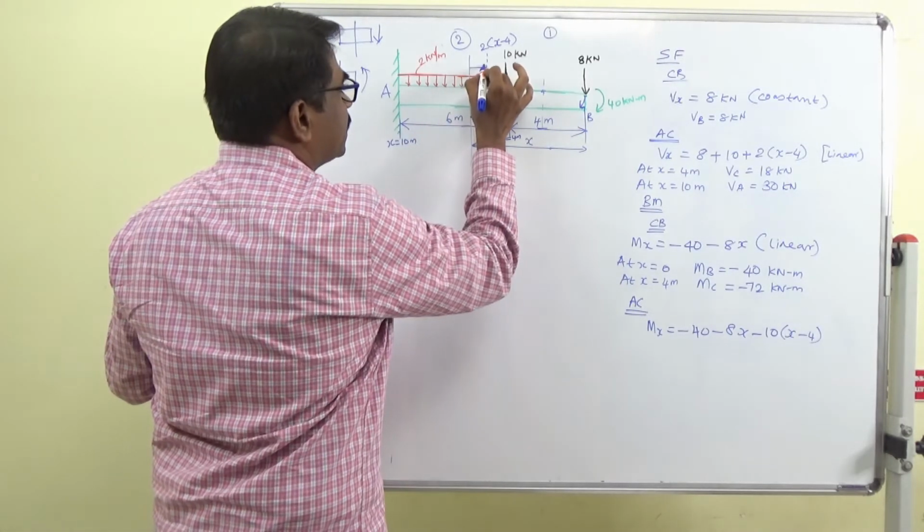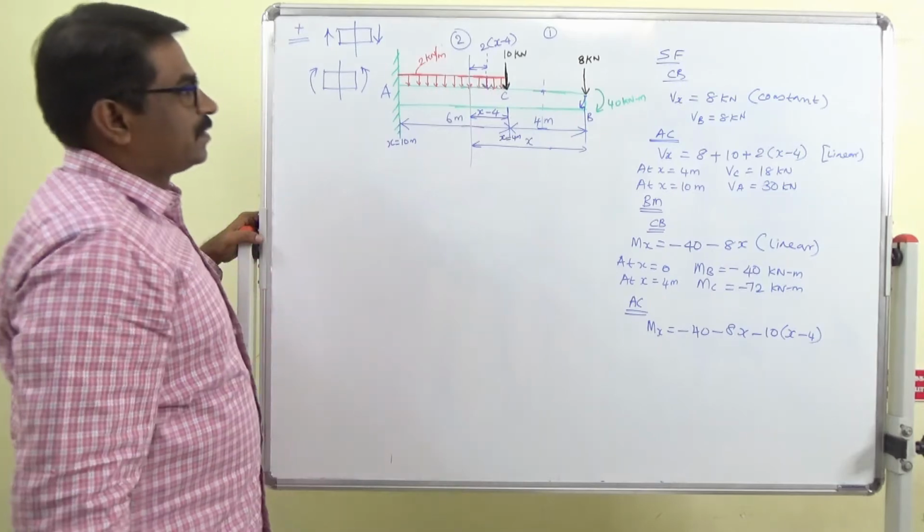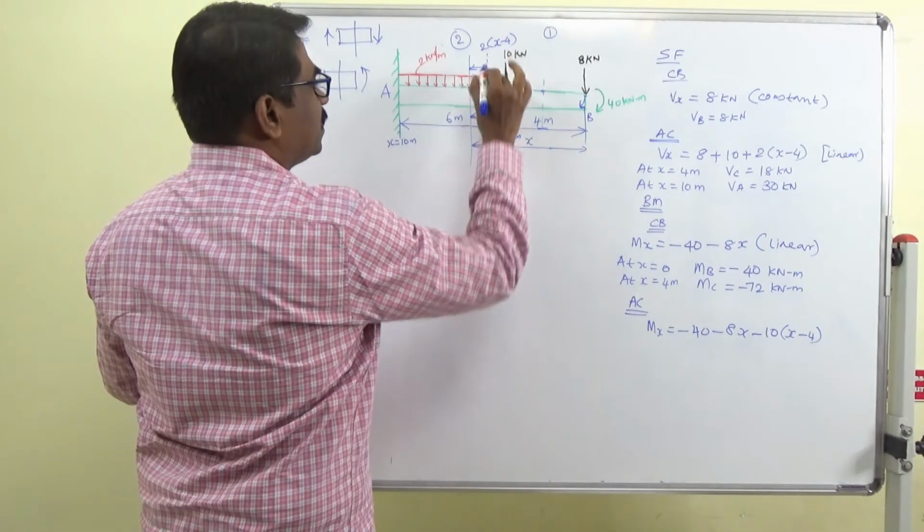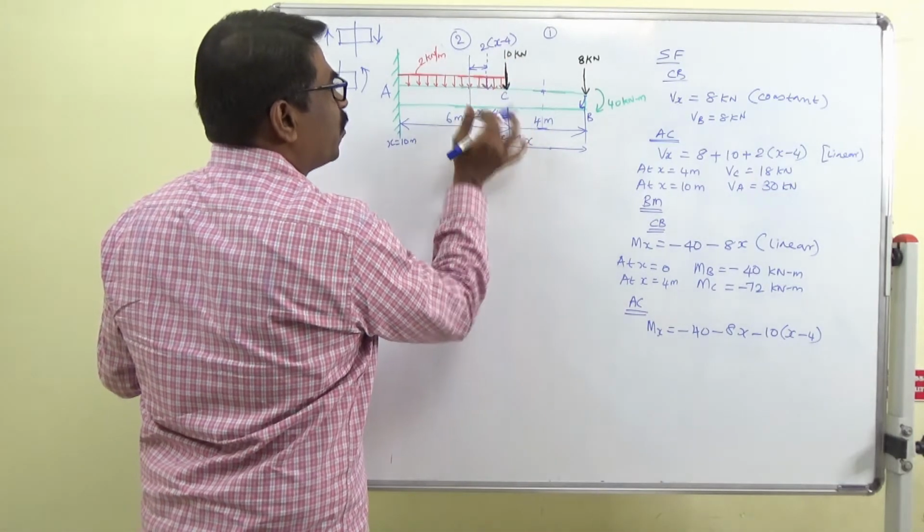The perpendicular distance is shown here, and it is half of x minus 4.